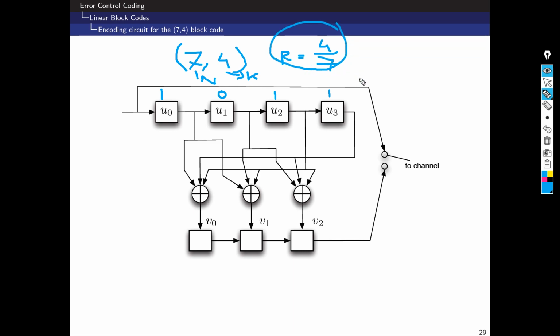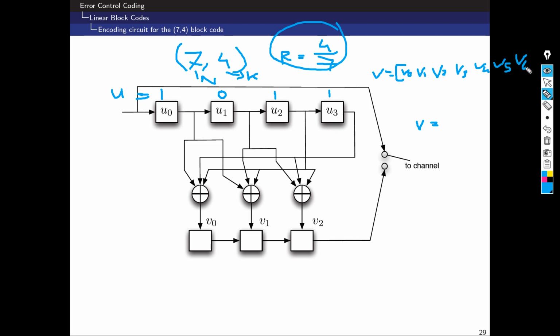Now we need to encode it. You can call this U vector the message sequence, and you need to get the V vector. V can be defined also as a vector equal to V0, V1, V2, V3, V4, V5, and V6.